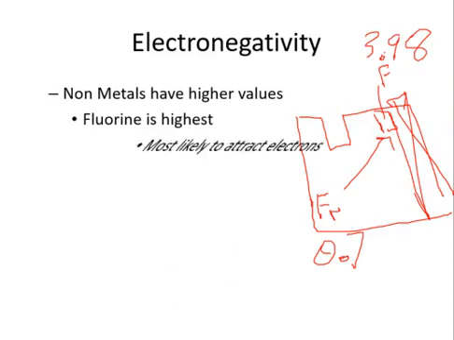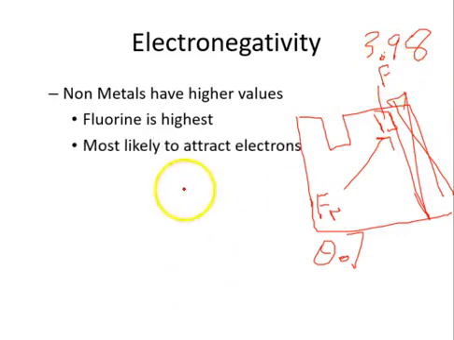So fluorine is the element that is most likely to attract electrons. The reason being is because she's got the most protons of anybody in her row. And francium has the lowest number of protons in anybody that's in the same period.